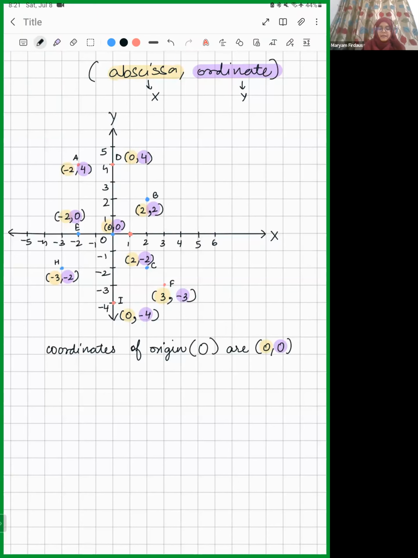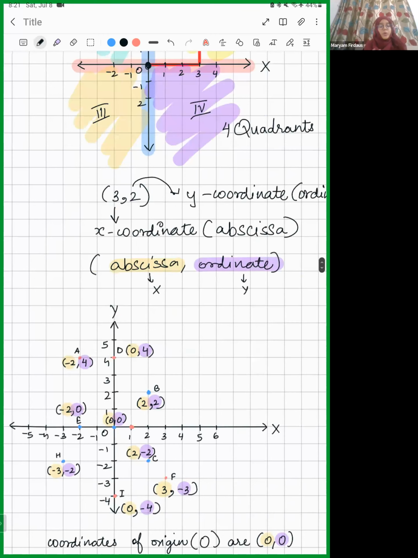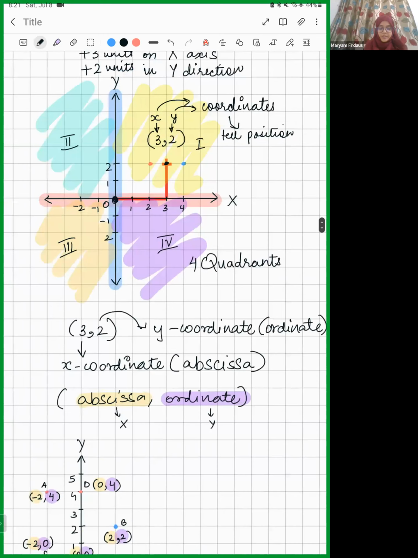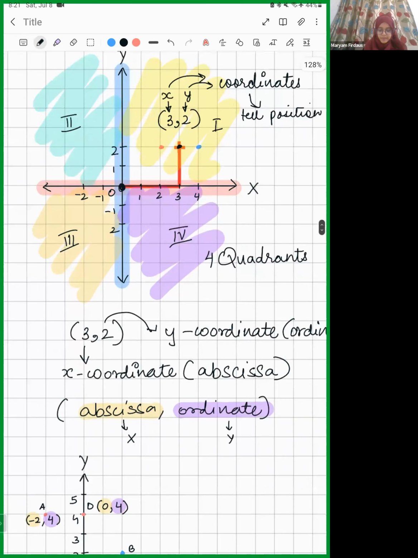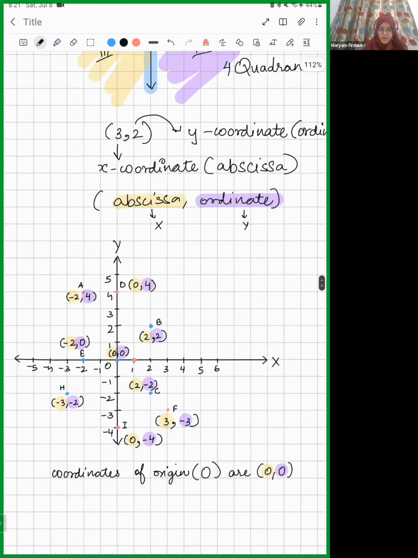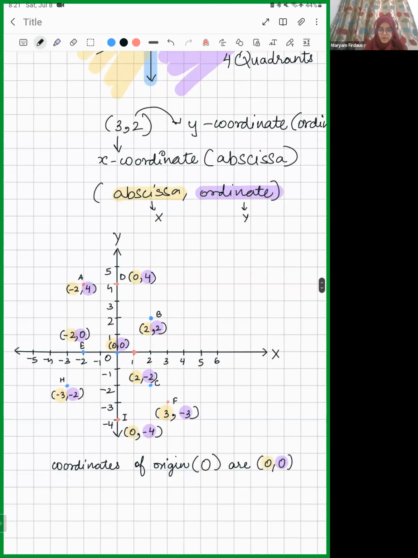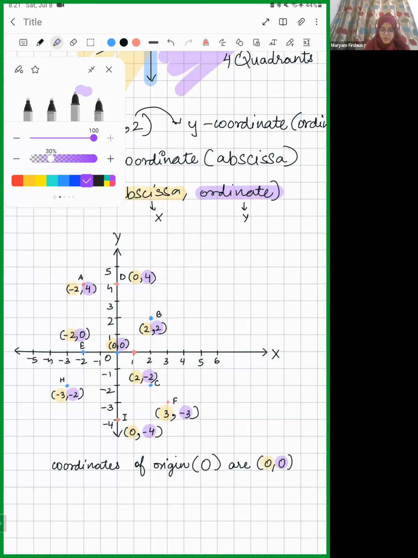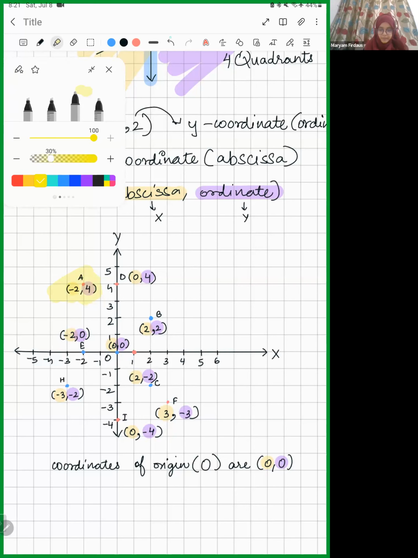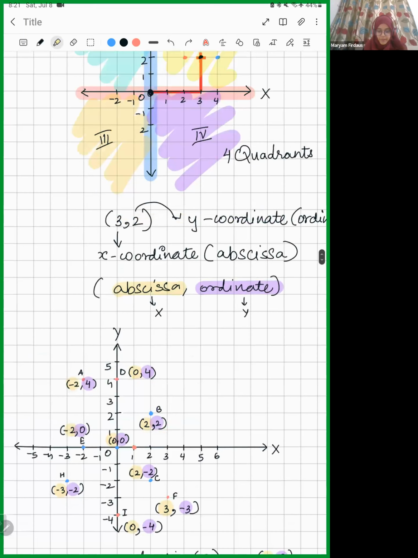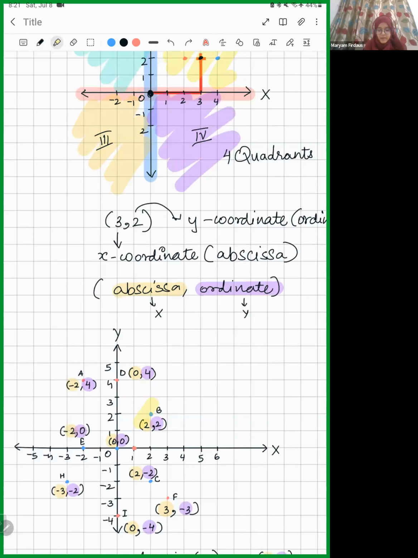Okay, one more thing. We have our four quadrants, right? The 4 quadrants. So this point B is in which quadrant?